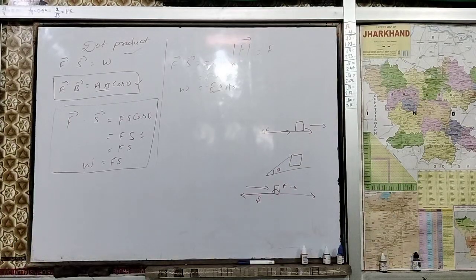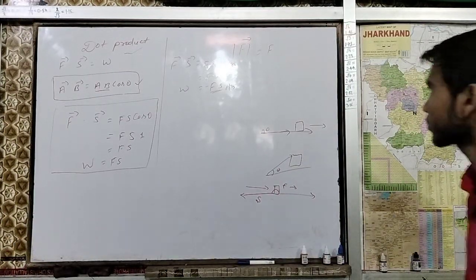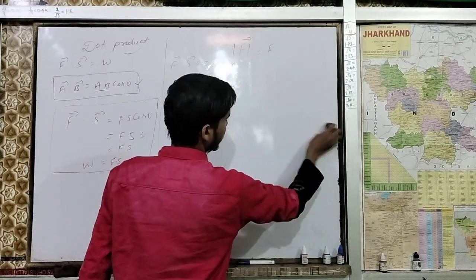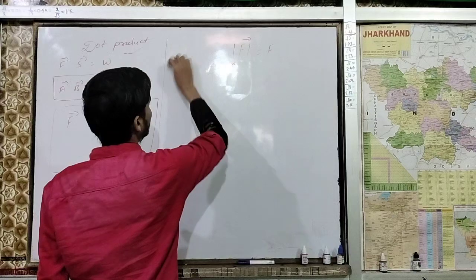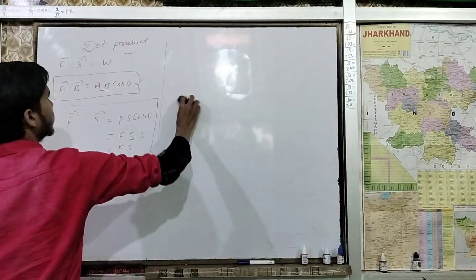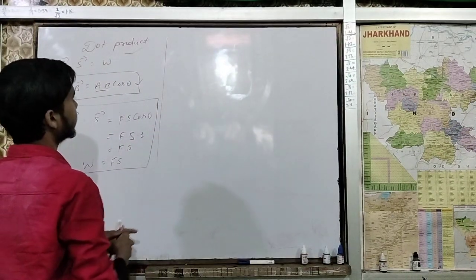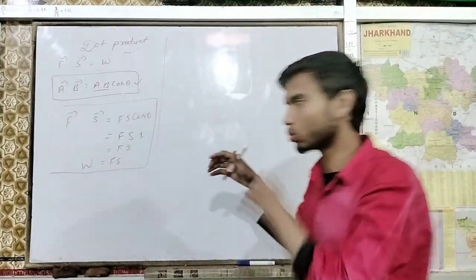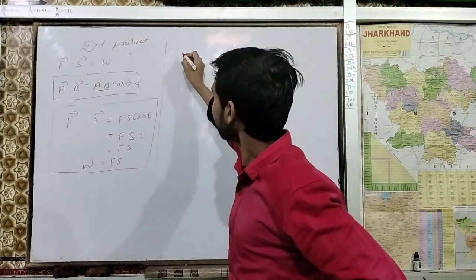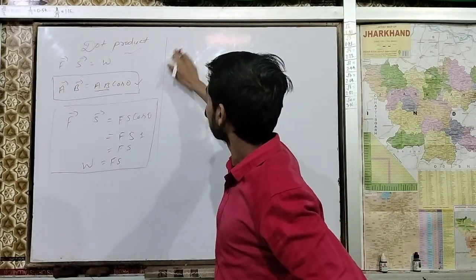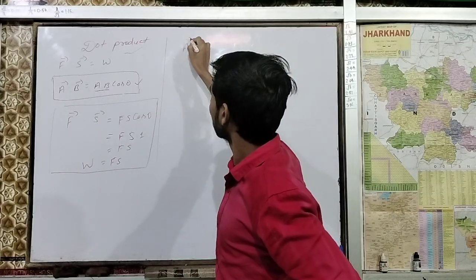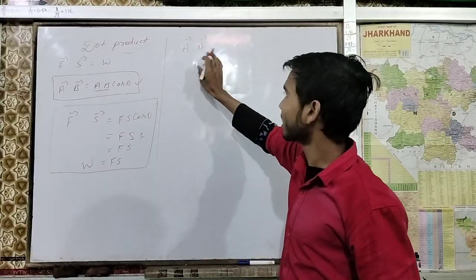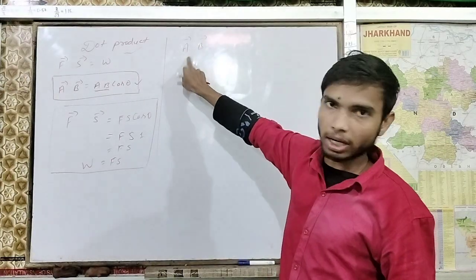Now next thing. We are taking two components, or you can say two vectors. When you do the multiplication, these are two vectors, A vector dot B vector.